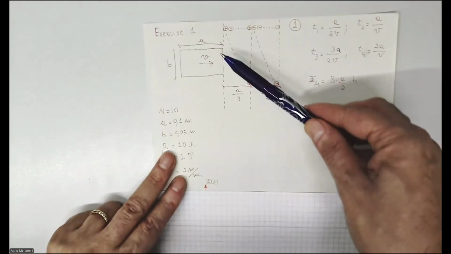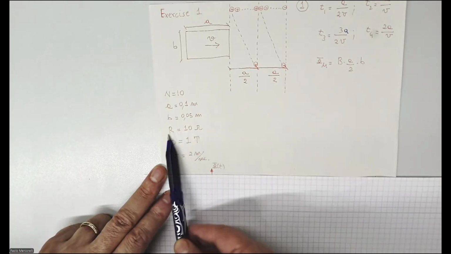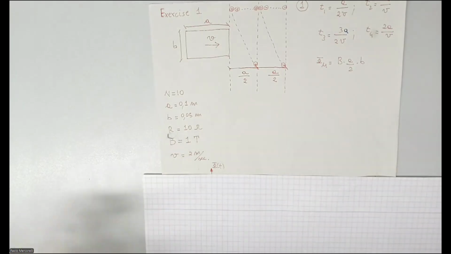Because if you remember the definition of the flux density, the flux density is basically the flux divided by the surface, right?